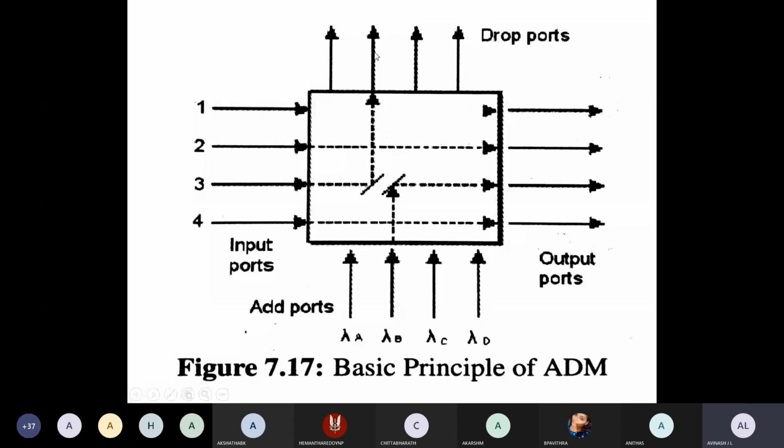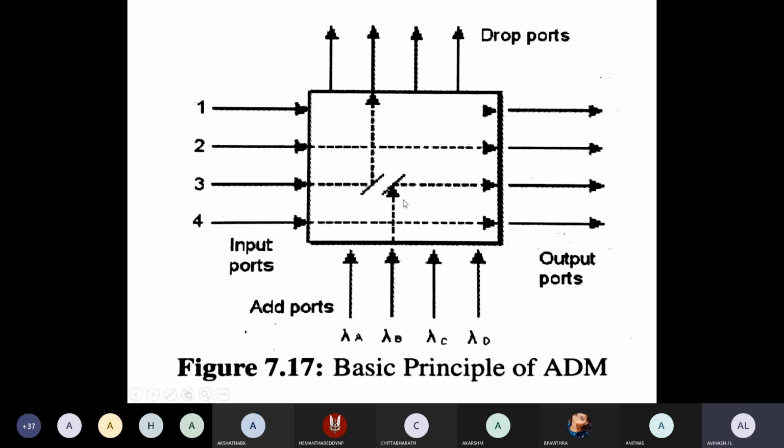Once it has been taken out of the drop port, the channel is empty. So we add the signal from the add port. You can see that lambda A, lambda B, lambda C, lambda D provision is there, that means lambda 1, lambda 2 like that.